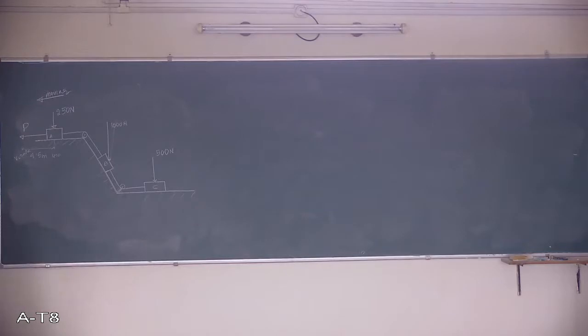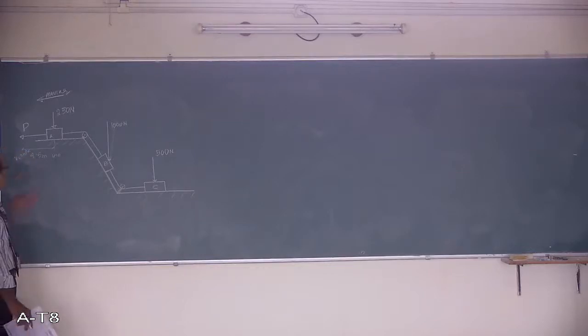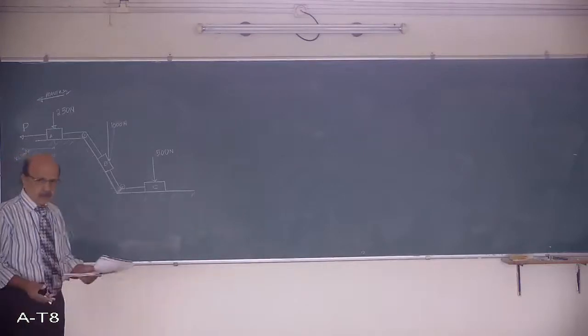As they are interconnected, all the blocks will move with the same velocity and for the same distance. So how much pull force do I have to apply here? That is what is asked in this problem.